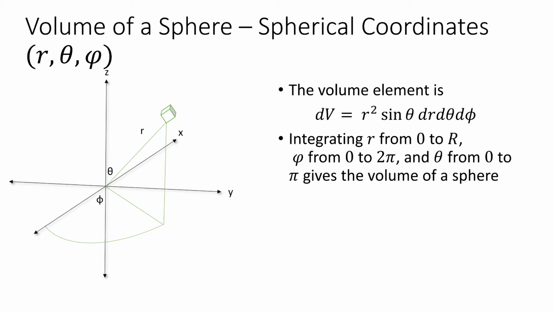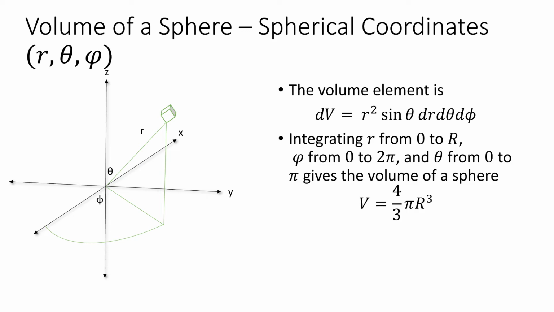If we follow from the z-axis from a theta of 0 to pi, we're going from the positive z-axis to the negative z-axis. And if we spin around 2 pi, we'll take that half circle with thickness r sine theta d phi and spin that around. And then we'll get the volume of a sphere.